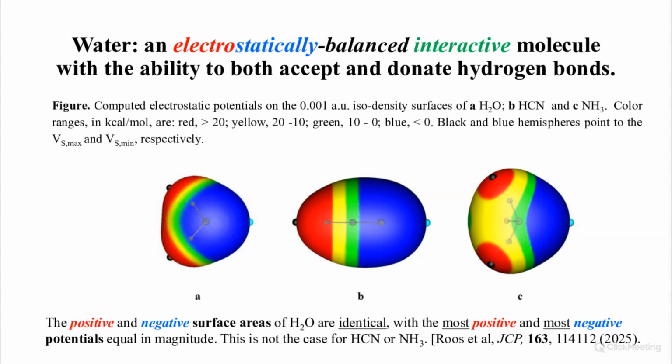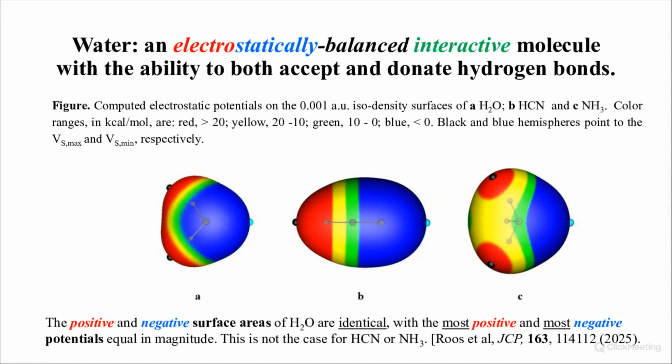Okay. Right here, the molecule on the far left is water, and the middle one is hydrogen cyanide, and the third is ammonia. And one thing I want to point out, look at the very narrow bands of nearly neutral potential between the blue and the red for water. These are much bigger or wider in the other molecules.